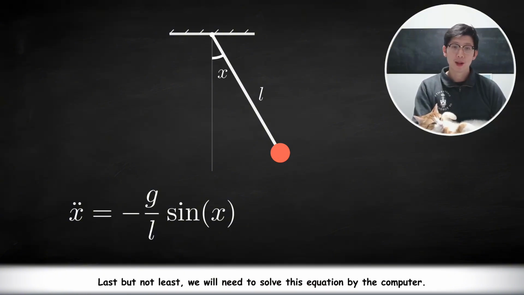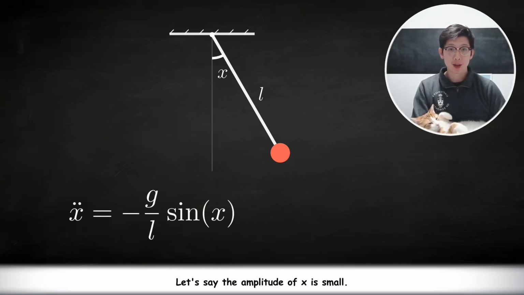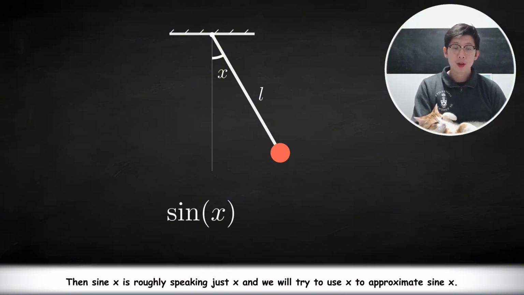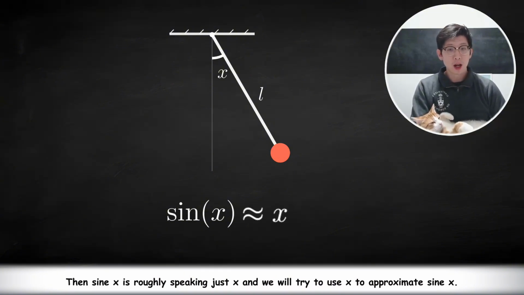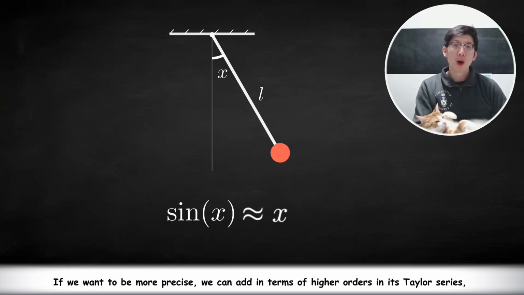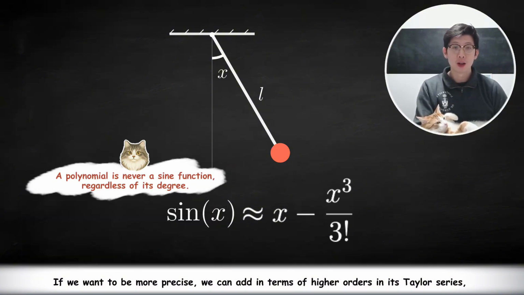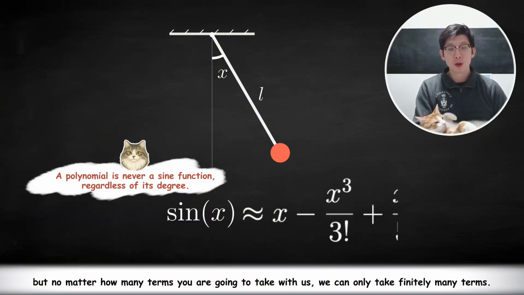Last but not least, we will need to solve this equation by the computer. First, we need to evaluate the function sin x. Let's say the amplitude of x is small. Then sin x is roughly speaking just x, and we will try to use x to approximate sin x. It is not perfect. If we want to be more precise, we can add terms of higher orders in its Taylor series, but no matter how many terms we are going to take, we can only take finitely many terms.